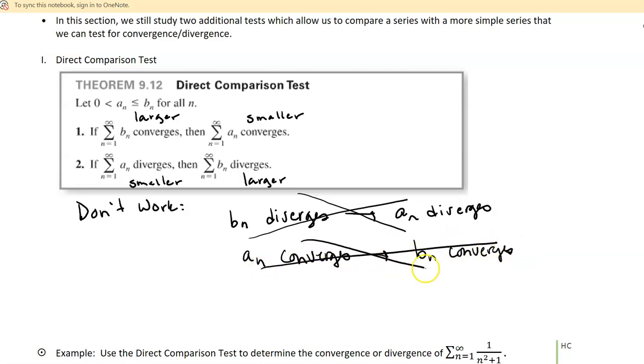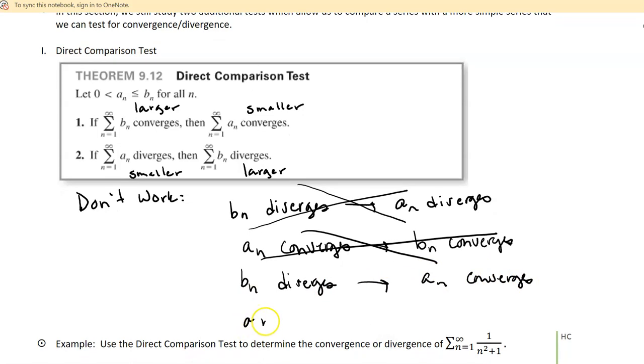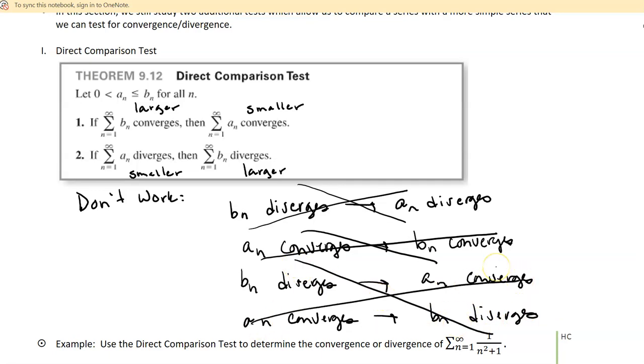That's a no. And the larger series diverging, you can't use this to say that the smaller series converges. And if the smaller series converges, you can't use this to say that the larger series diverges. It only says exactly what it says. You can't use it for these scenarios, only for this one.